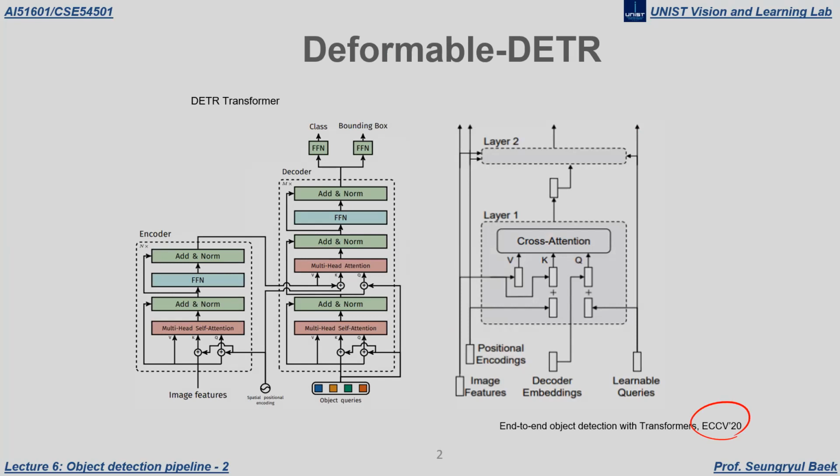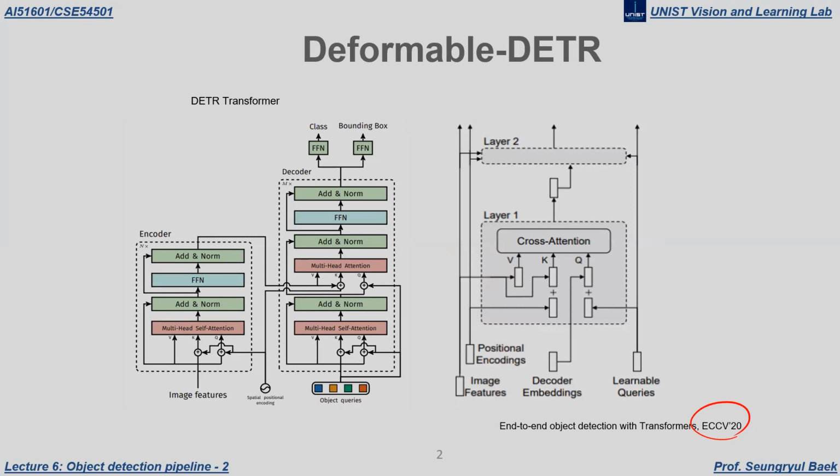So like 3 years ago, this DETR was proposed, and after that, there are a couple of algorithms proposed to improve the conventional DETR algorithms. So today we will learn about that. There are some limitations in DETR algorithms, so we will learn about it during this class.